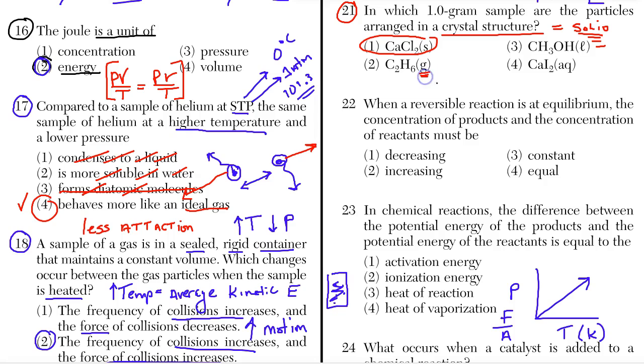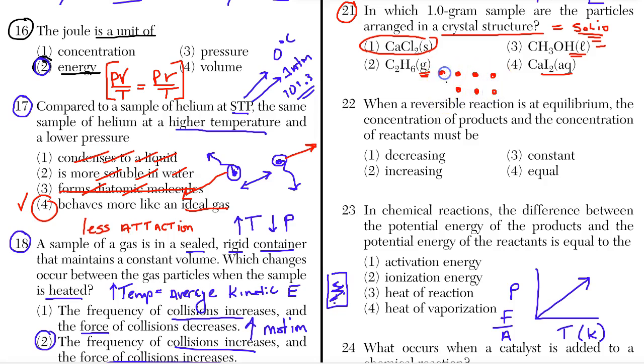Gases do not have a crystalline structure. Liquids do not. And this is just a homogeneous mixture of calcium iodide dissolved in water. If you boiled off the water, which would be a separatory technique, you could get 1.